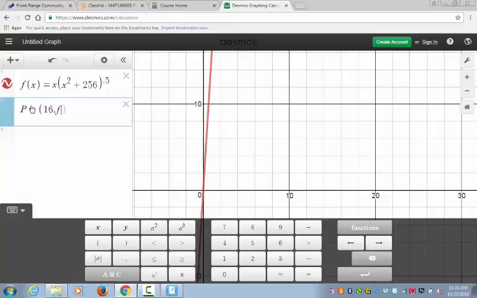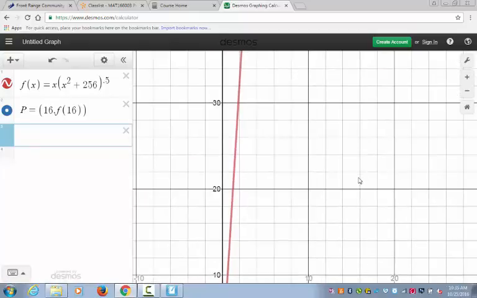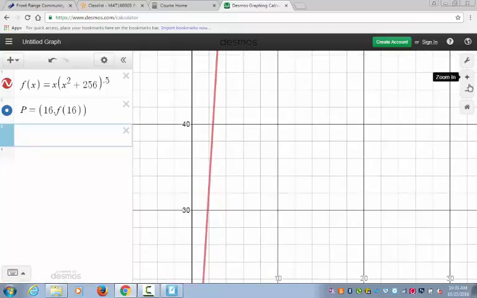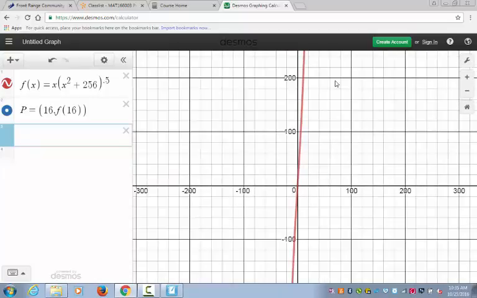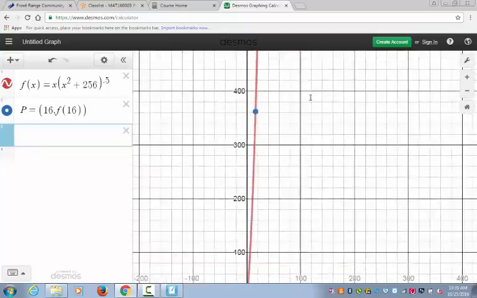Whoops, I didn't do f of 16, parentheses, 16. That should now put a point on the graph. I did put a comma there, right? All right, so let's go look. So when we get up here, well, I guess we could just do this too. All right, so there it is.